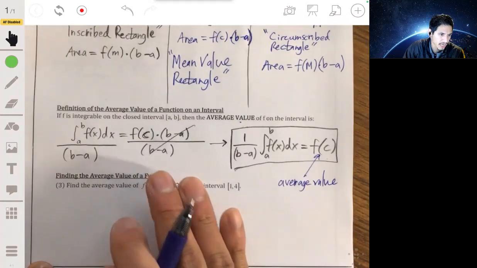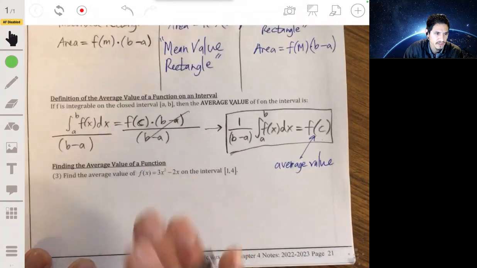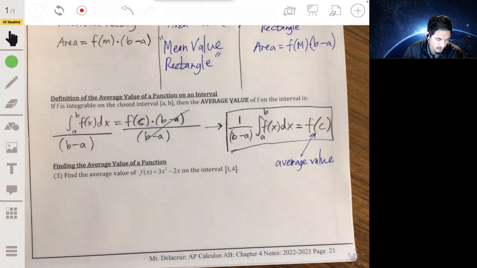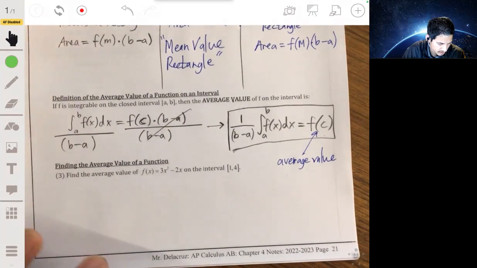So let's look at the problem. How do we find the average value for this function on the interval from 1 to 4? Let's set this integral up.